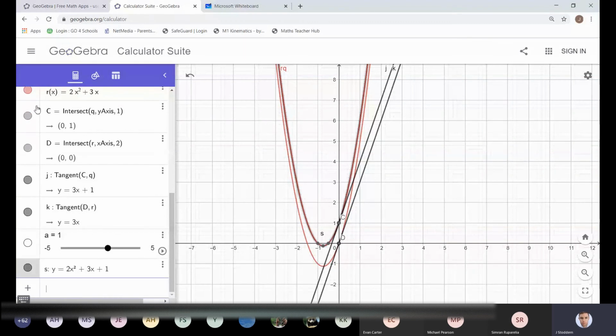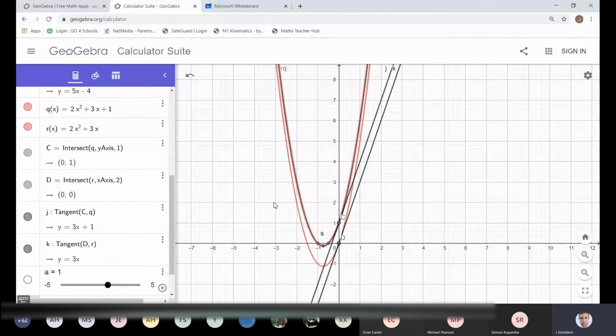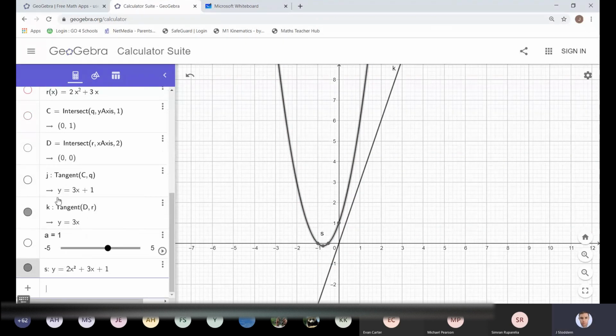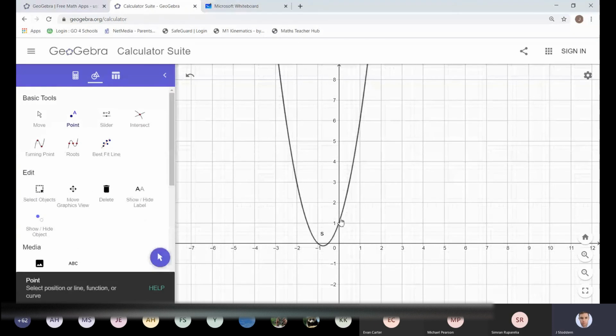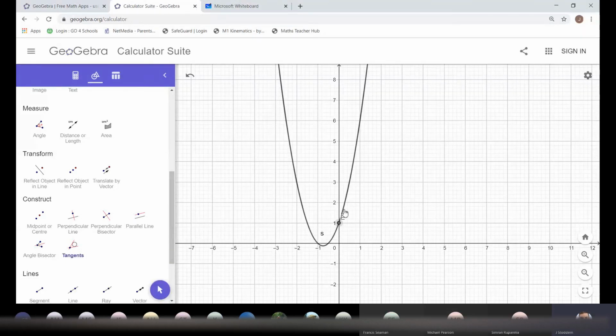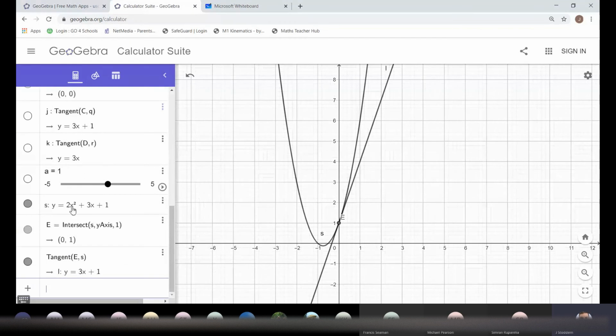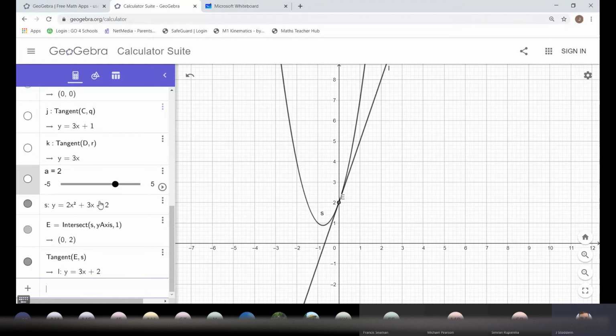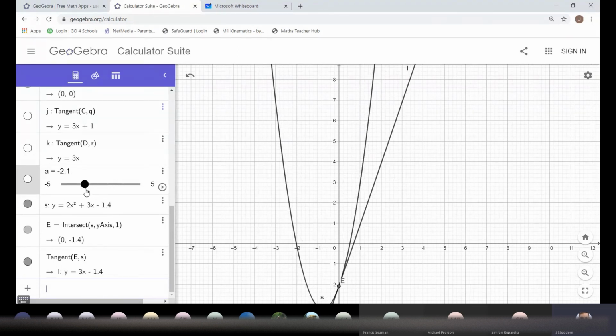Okay, this one's better. So let me get rid of that. Right. Okay. So what I'm going to do now is put a point back on there and make another tangent. This is a nice thing with GeoGebra, you can put an unknown. So this is my function now, and where it says +2, I actually typed in +a, and then it creates a slider.